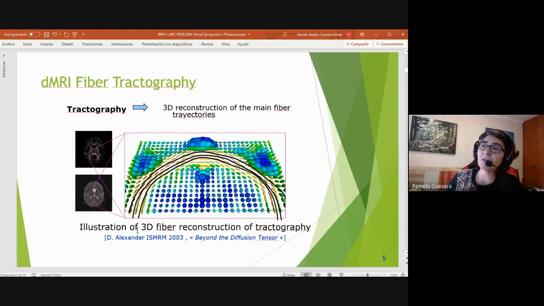But probabilistic tractography will follow different paths, not only the main one, but also some paths that are less probable, but you will have a better coverage of the fibers. Because if you only follow the main pathway, you lose some information.